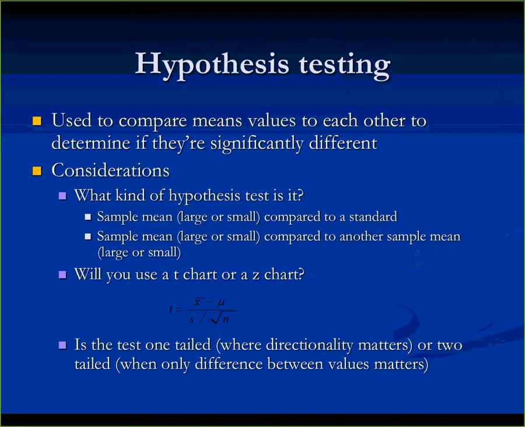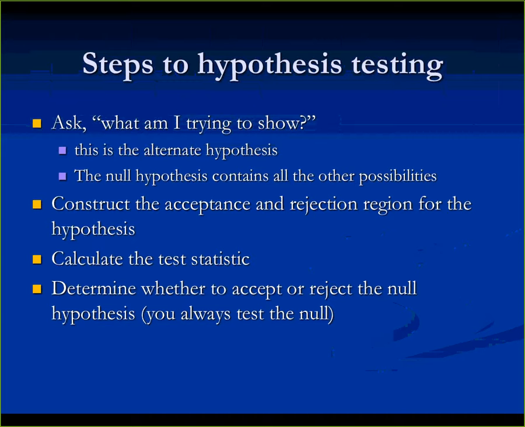It matters if one mean is greater than another or less than another. That is a one-tailed test. If the only concern is, are these two means different, then it's a two-tailed test. And the reason that matters is it actually impacts your alpha values, and we're going to talk about that in a little bit, too.